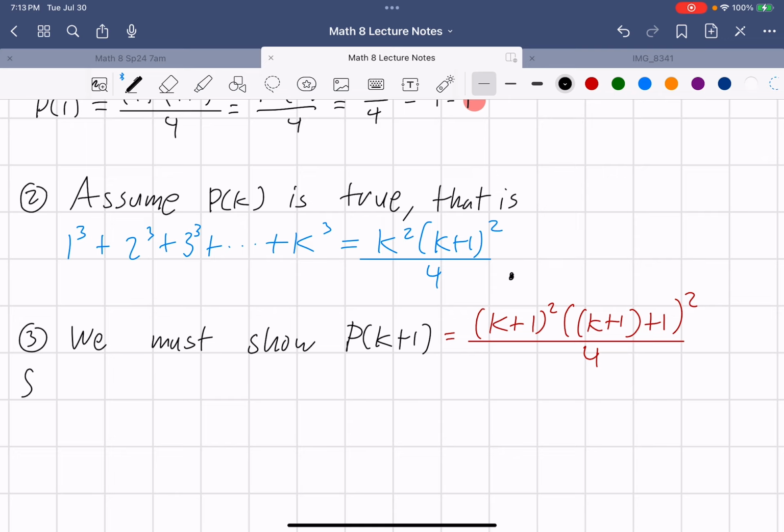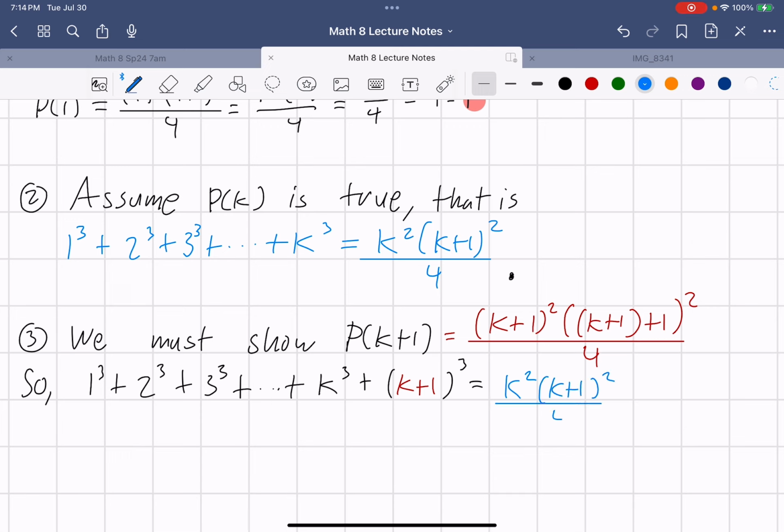So I start by taking 1 cubed plus 2 cubed plus 3 cubed plus dot dot dot plus k cubed plus, and then this is my k plus 1. So I'm saying that there's a next term, which will give us k squared times k plus 1 squared, all over 4.